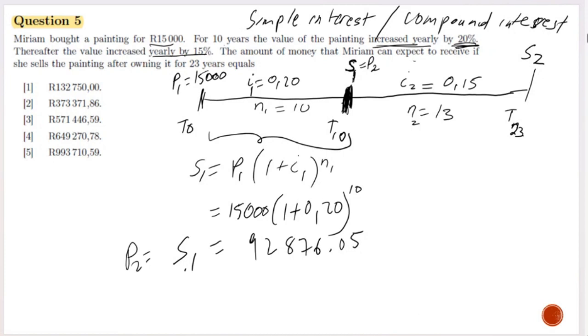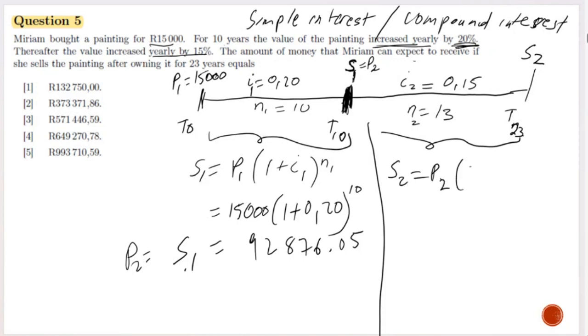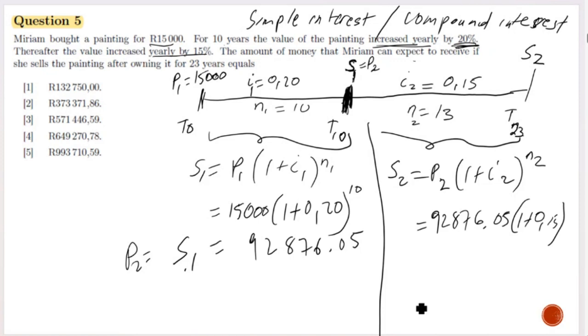Remember, we said our S1 is the same as P2. Now we are going to be looking for the accumulated amount on this period. So our S2 is going to be equal to P2 into 1 plus I2 to the power N2. We've got everything in our timeline. So our P2 is 92,876.05 into 1 plus the interest rate here, 0.15, to the power N, which is 13.